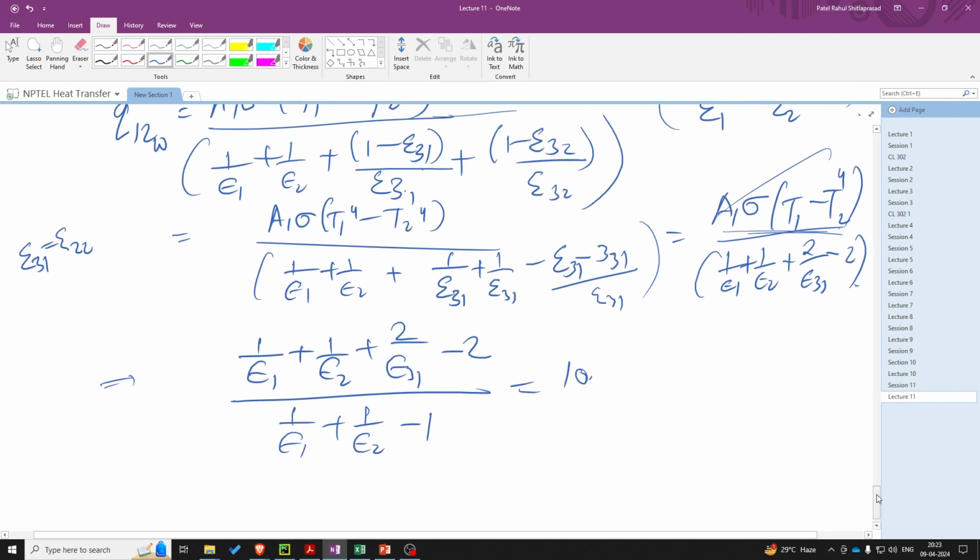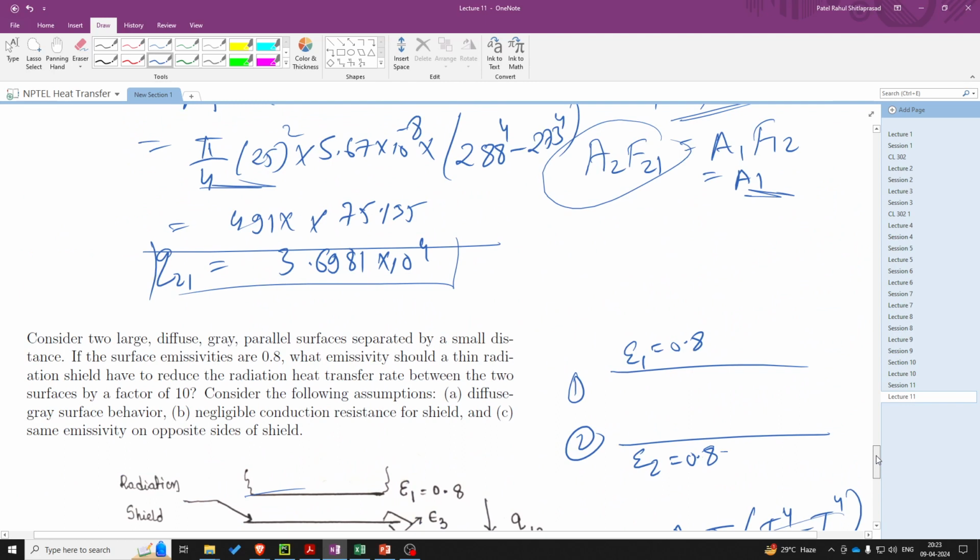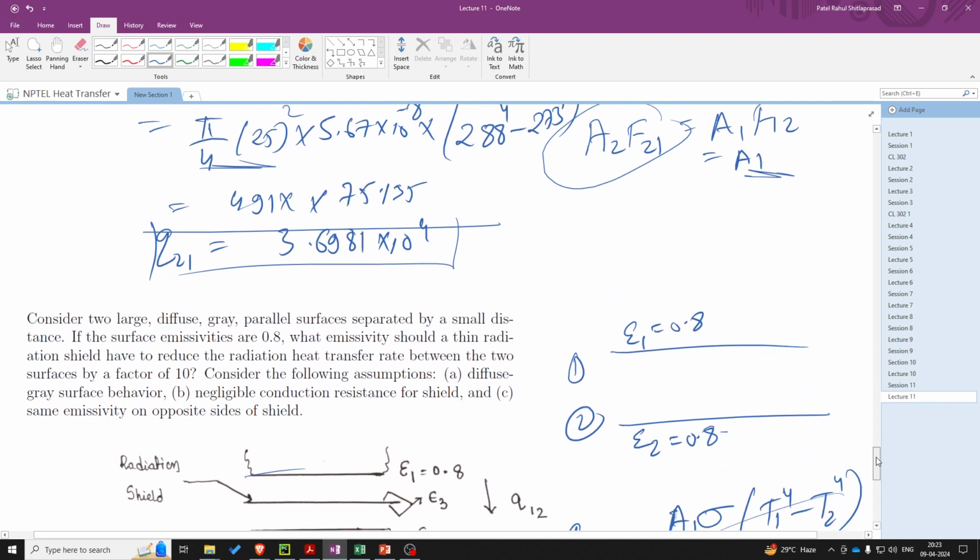Now the values of epsilon 1 and epsilon 2 we have been given, and we have been asked to find the emissivity, that's epsilon 3.